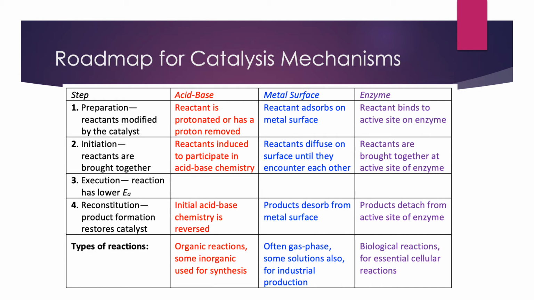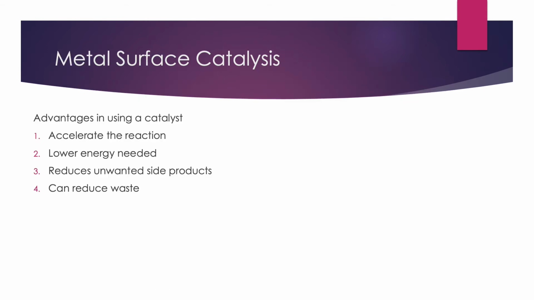Once it is completed, then products detach from that active site of the enzyme, and the enzyme is now ready to catalyze another one of these cellular reactions. So clearly, enzymes are particular for biological reactions, and they certainly are key to certain essential cellular reactions and processes that go on in our bodies.